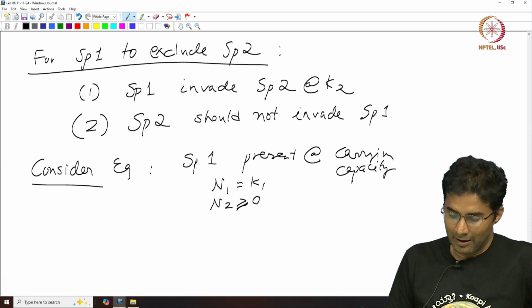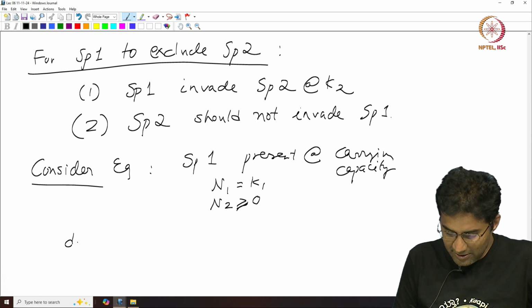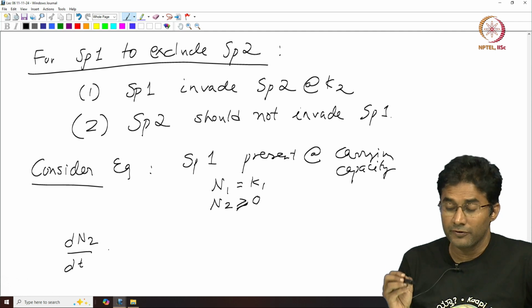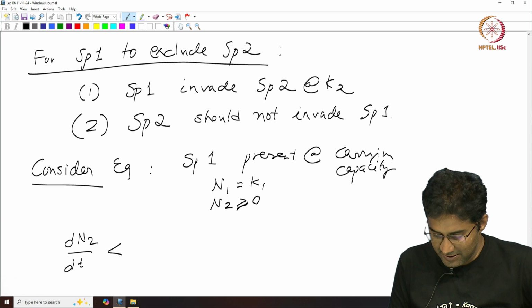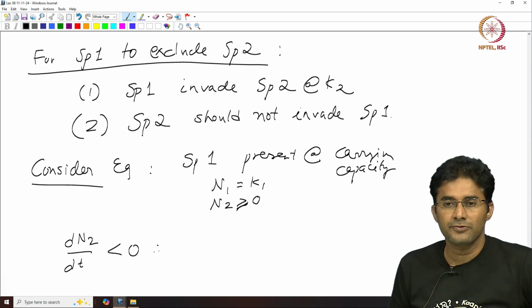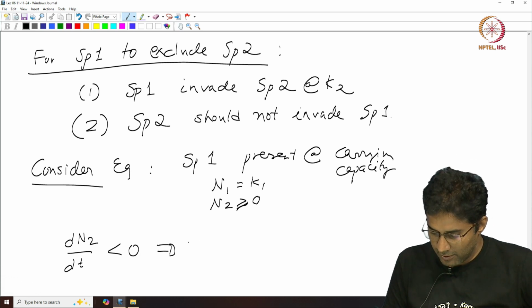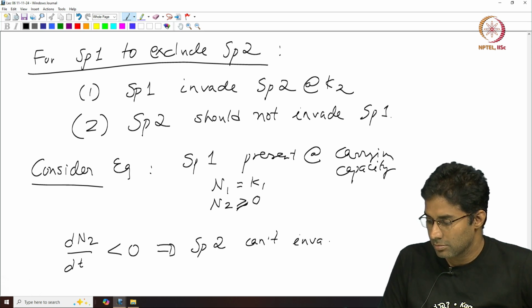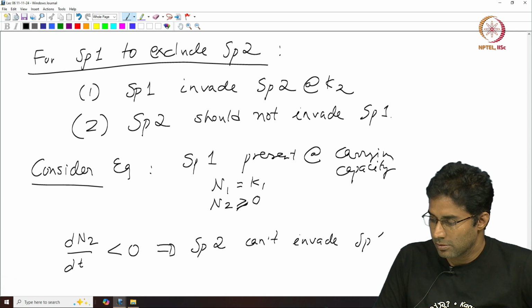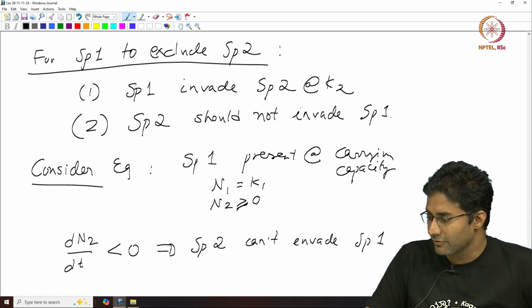Now we need to ask what is the growth rate of species 2. Species 2 should not invade species 1, which means that we want to know when this is true. So, let us see when this is true.